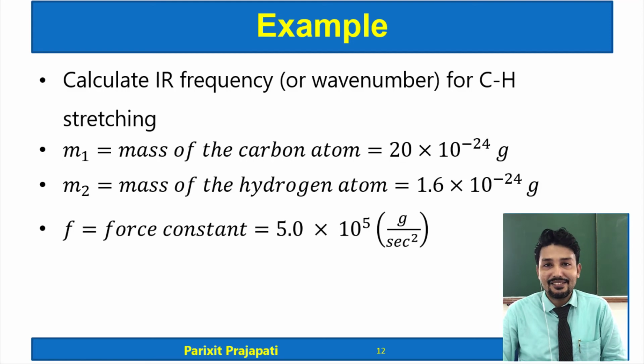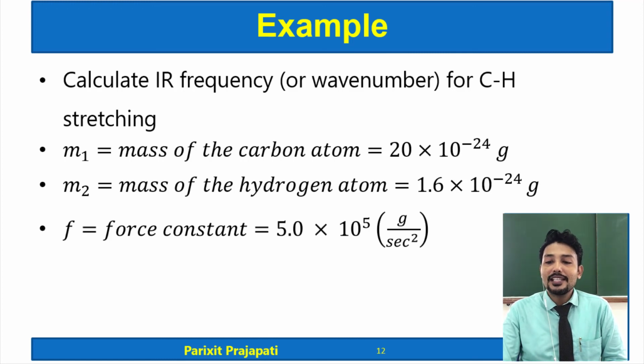What details are given here? M1, the mass of the carbon atom, is 20 into 10 raised to minus 24 gram. The mass of the hydrogen atom, M2, is 1.6 into 10 raised to minus 24 gram. And the force constant is given, that is 5 into 10 raised to 5 gram per second square.